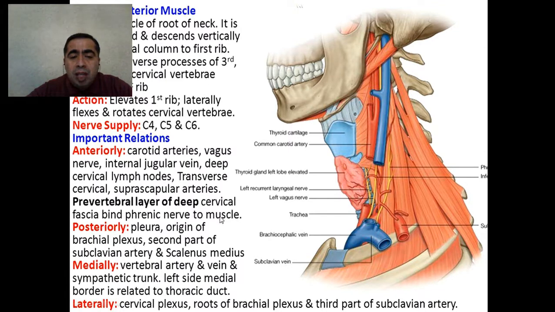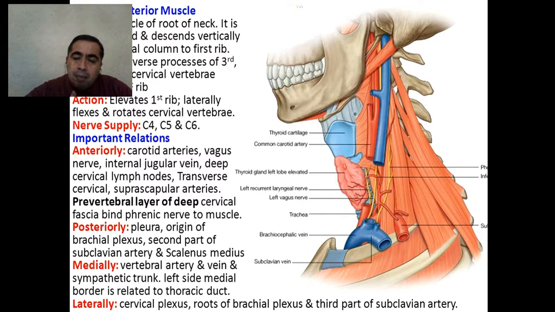The prevertebral layer of deep cervical fascia binds the phrenic nerve to the muscle. Posteriorly, the pleura, origin of the brachial plexus, second part of the subclavian artery and the scalenus medius. Medially, the vertebral artery and vein and the sympathetic trunk.